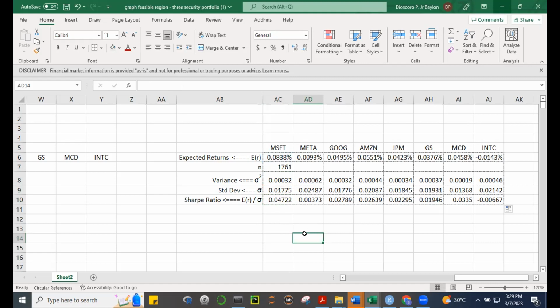Okay, if you take a look at the performance of the individual assets, it seems that Microsoft is 0.08. Just doing a visual, Microsoft is the best performer.